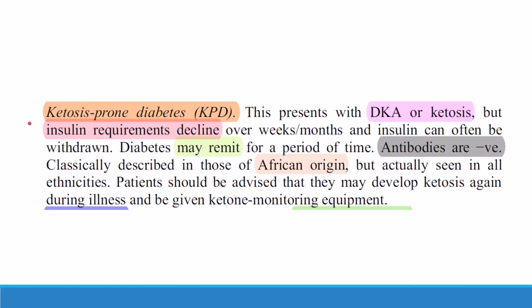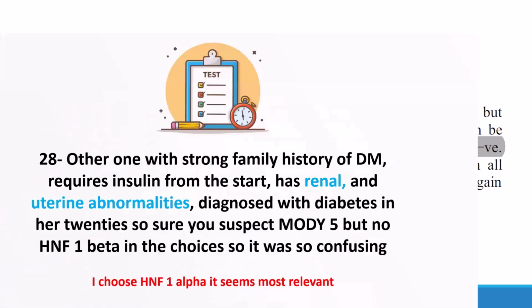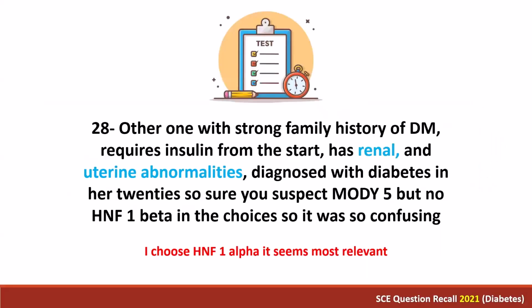It is a patient with type 2 diabetes mellitus presenting with DKA. It is DKA or ketosis, but insulin requirement declines over time, and the patient may require oral therapy. The antibody is usually negative. The patient is usually of African origin, and this is a very, very important topic.